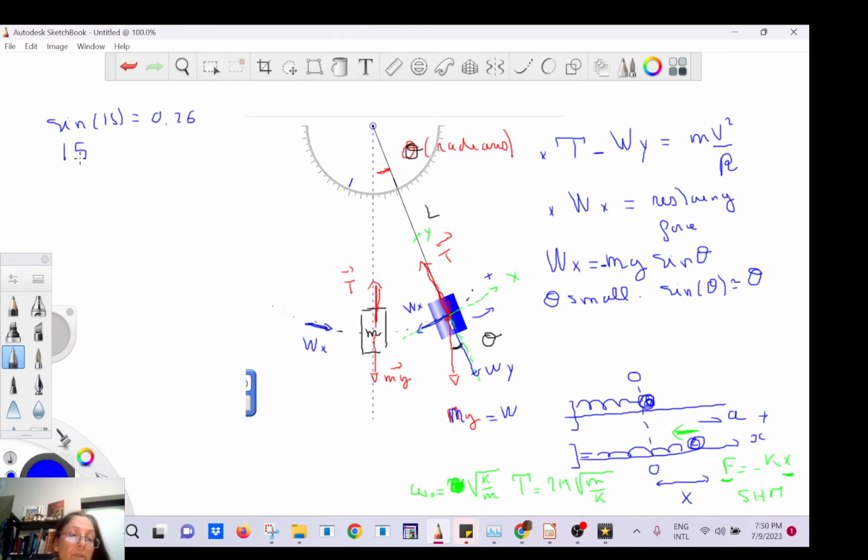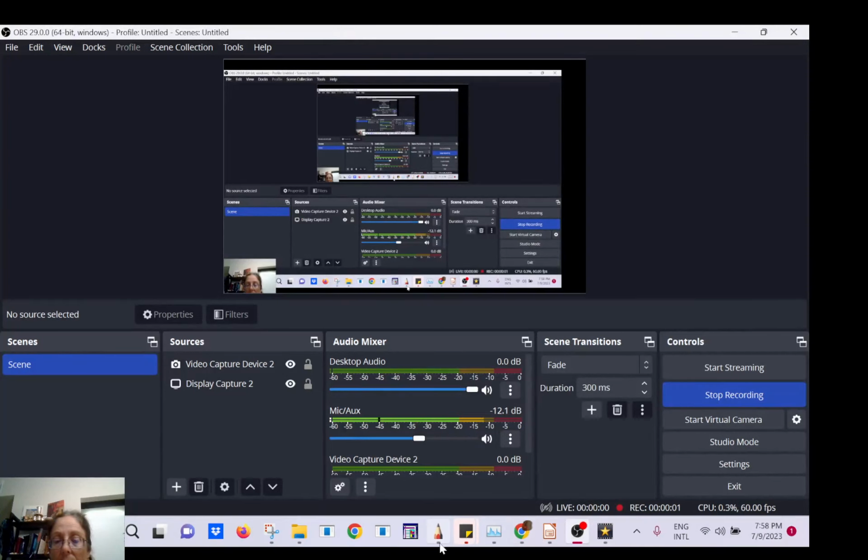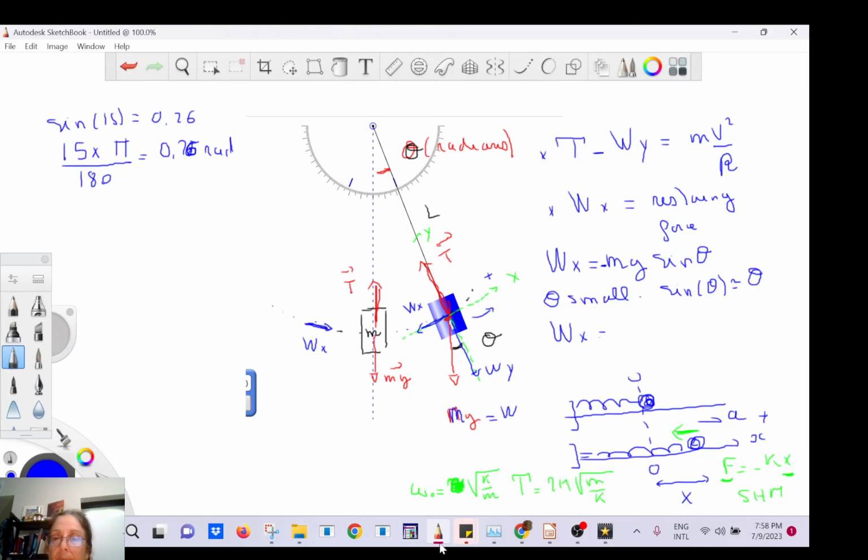Now, if you do 15 degrees in radians, where pi is the same thing as 180, that will be about 0.26 as well. So the restoring force equals minus mg theta, for small angles.